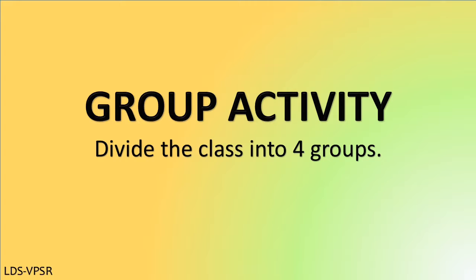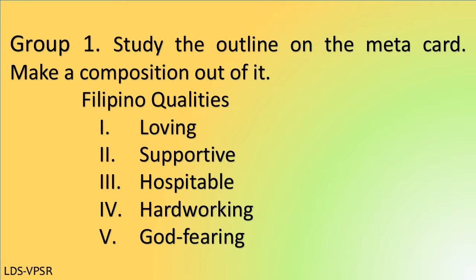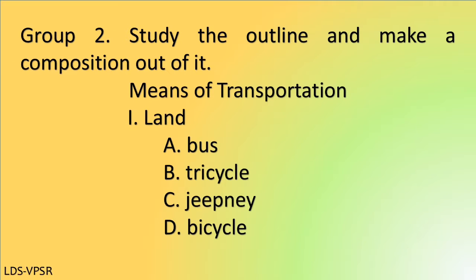Group activity. Divide the class into 4 groups. Group 1. Study the outline on the meta card. Make a composition out of it. Group 2. Study the outline and make a composition out of it.